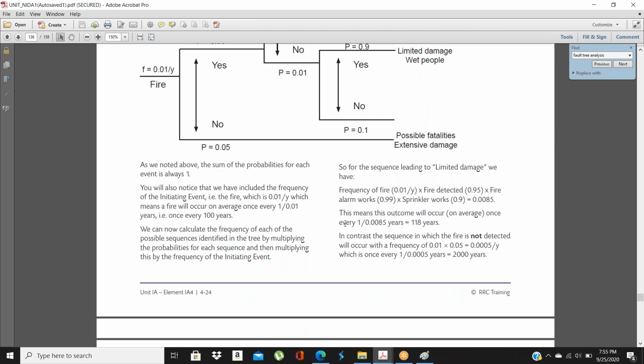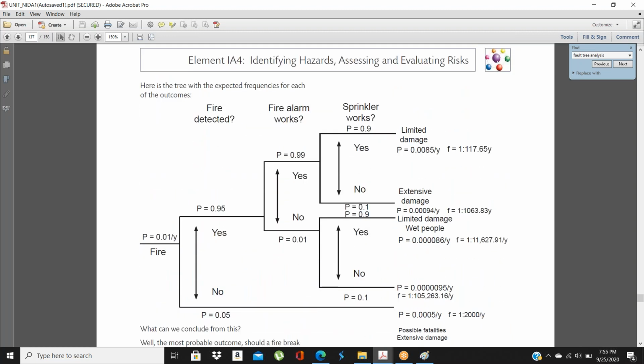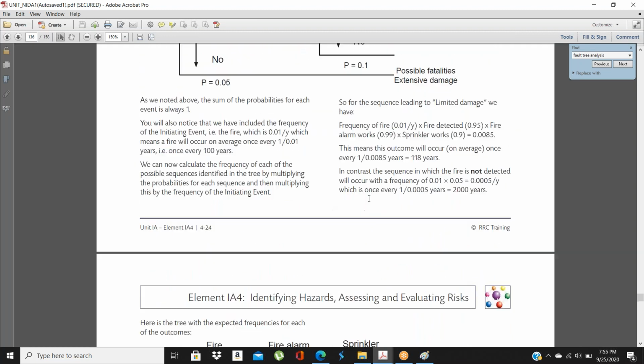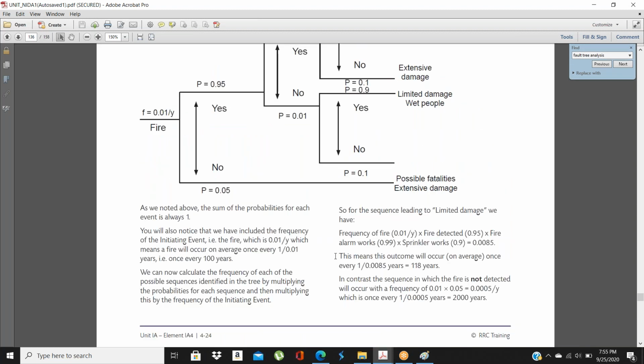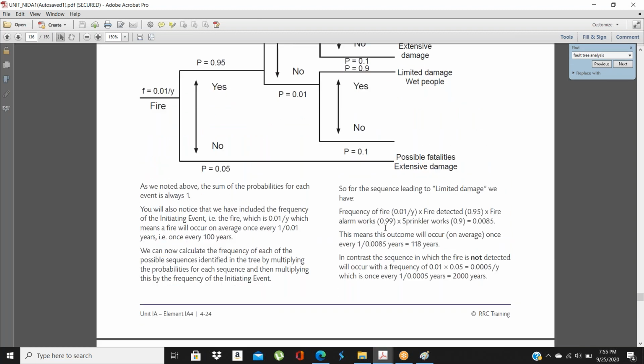Now you see here, the first one. We need to multiply the fire frequency of 0.1 per year, then fire detected, that was 95%, then fire alarm works, that was 99%, and the sprinkler works, that was 90%.